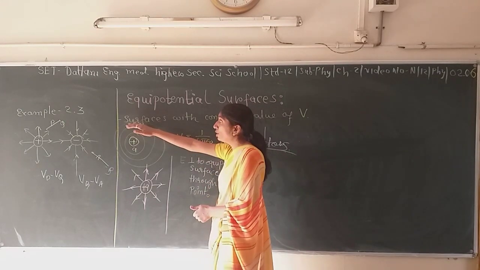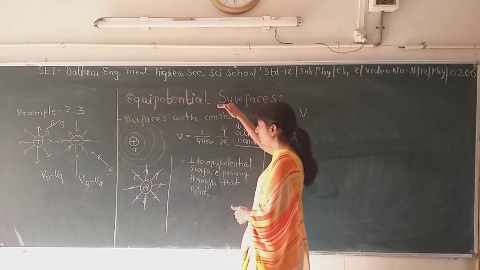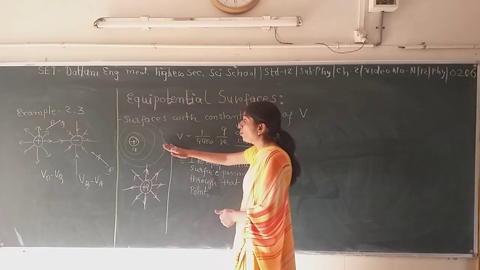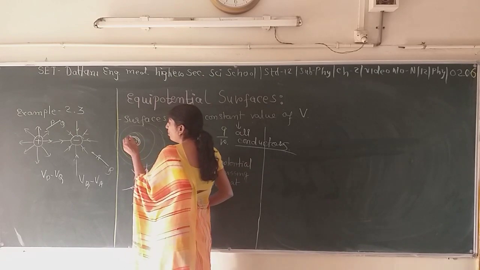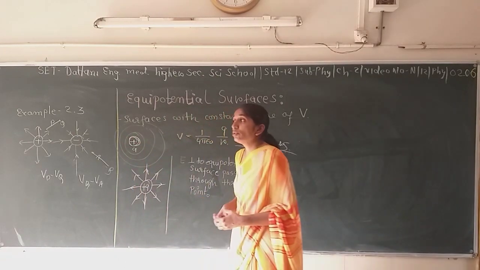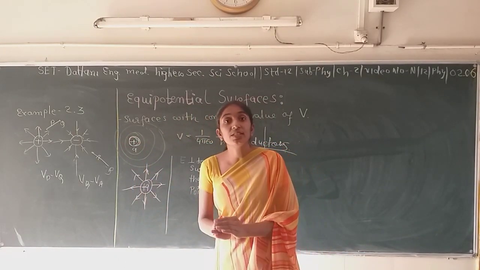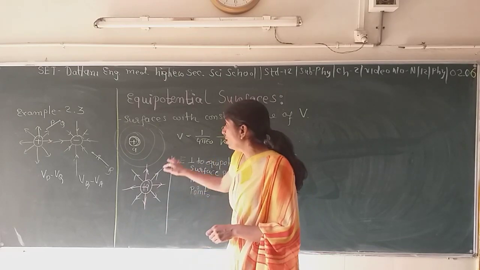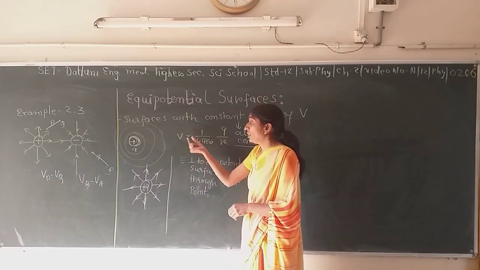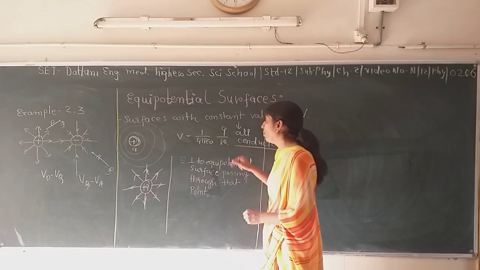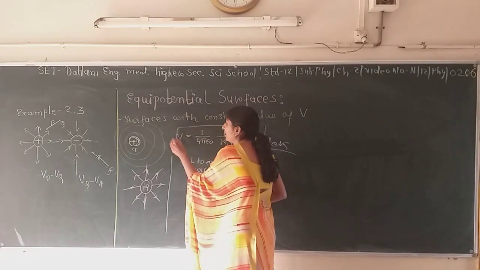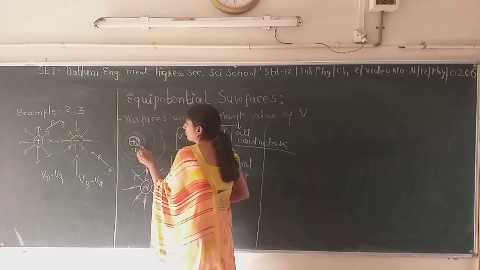So right now we are talking about equipotential surfaces, and for an equipotential surface consider a small charge plus q and the equipotential surfaces around it. The potential around it is going to be equal to 1 upon 4 pi epsilon naught q upon r, because r is the distance from the charge.